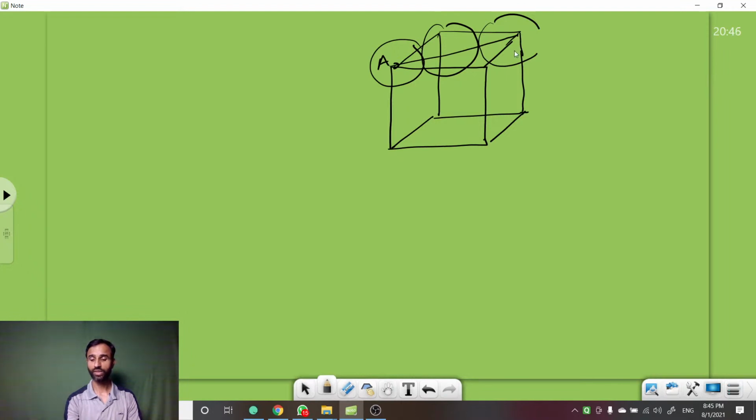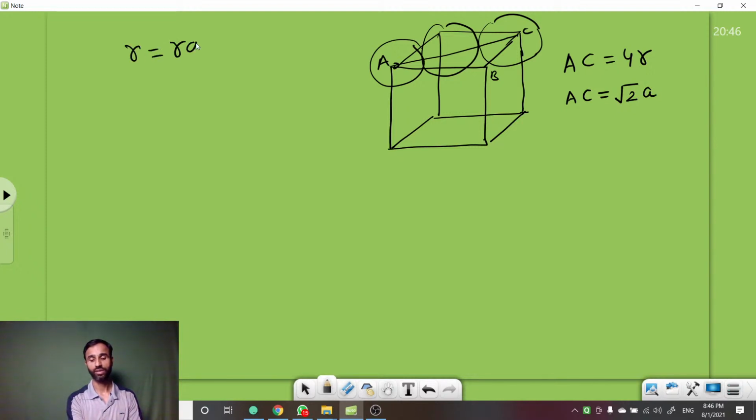So as spheres are touching along the face diagonal, AC is equal to 4r if r is the radius of the atom, and it is also equal to root 2 a.